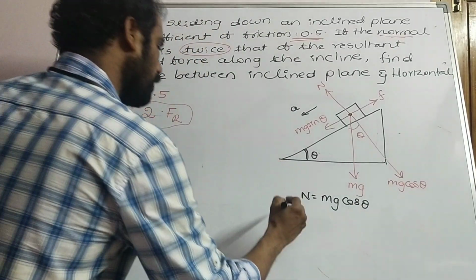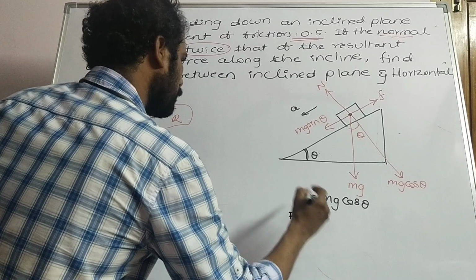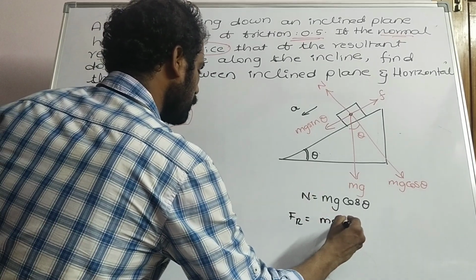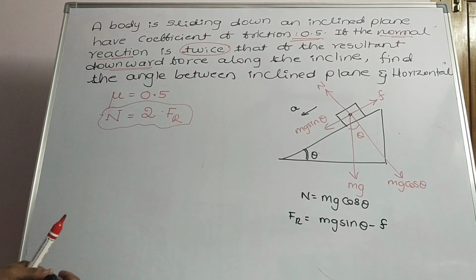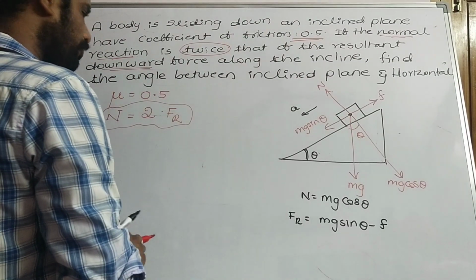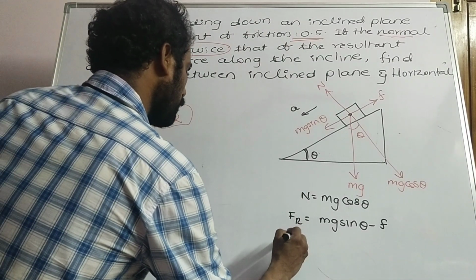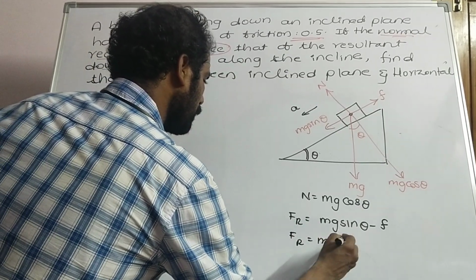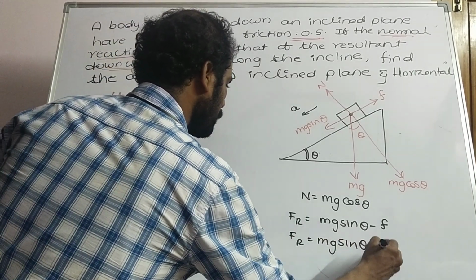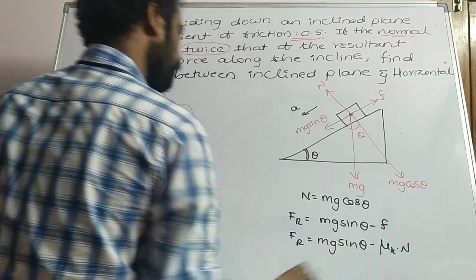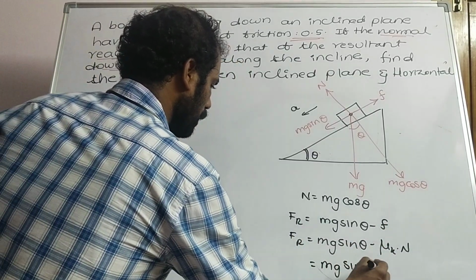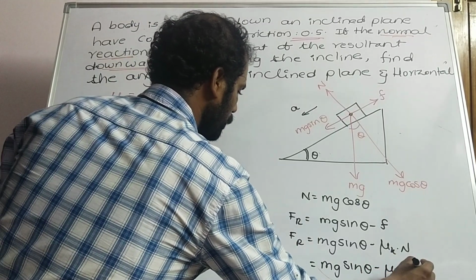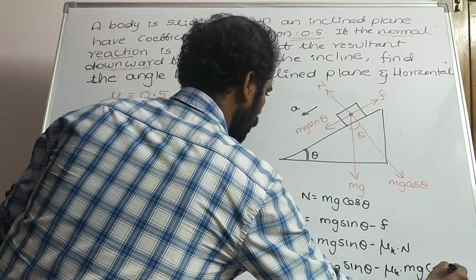As well as Fr is equal to mg sin theta minus F. Now Fr can be written as mg sin theta minus mu k into N. That can be written as mg sin theta minus mu k into mg cos theta.